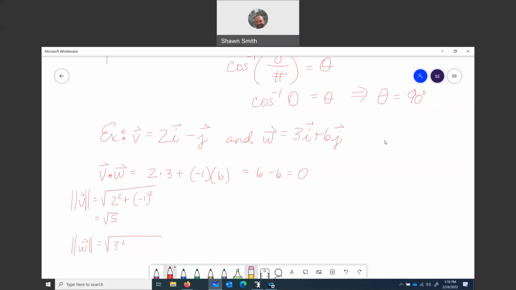3 squared plus 6 squared, 9 and 36 is 45. So now I have the inverse cosine of 0 divided by those two radicals.